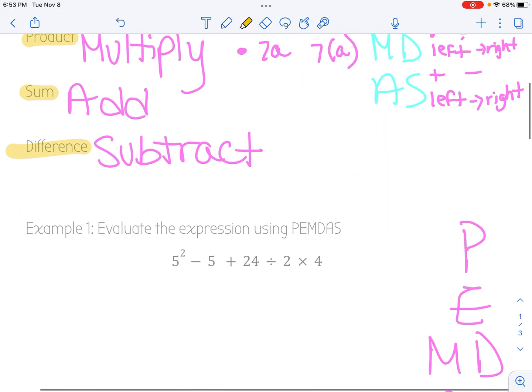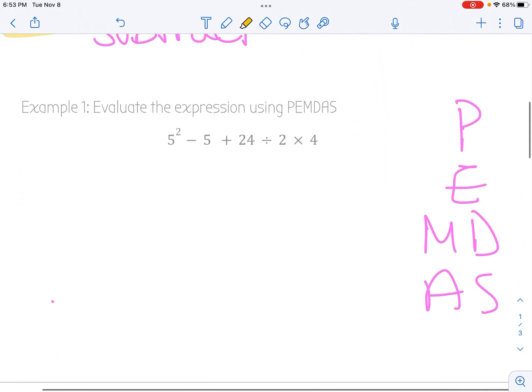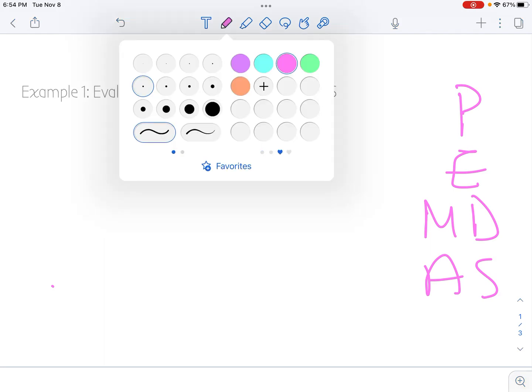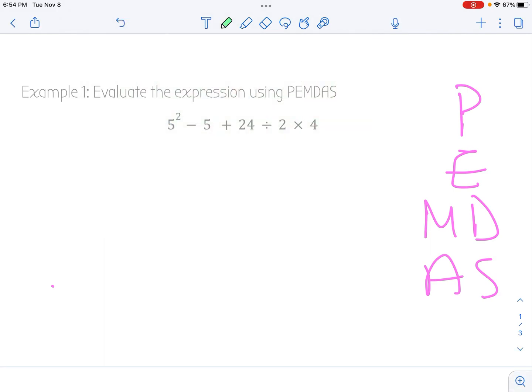So now that we know those, let's go through and evaluate some expressions. Anytime I see an expression, I like to stack up my letters of PEMDAS so I can check them off as I go. Number 1, I don't see any parentheses, so I am going to skip that. Number 2, I do see exponents. I have an exponent right here, 5 squared.